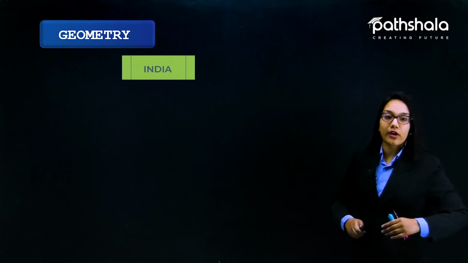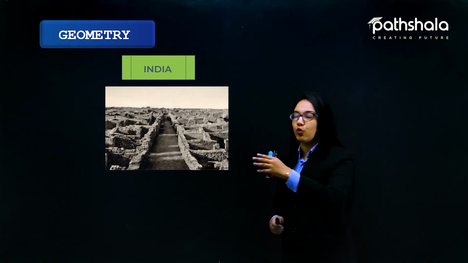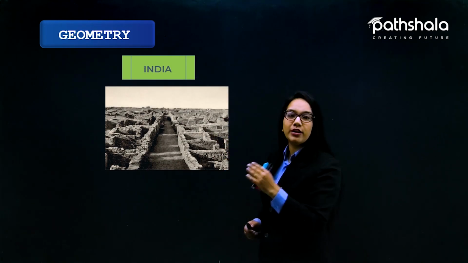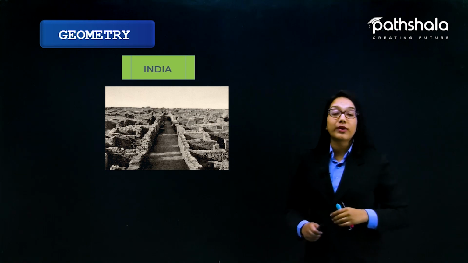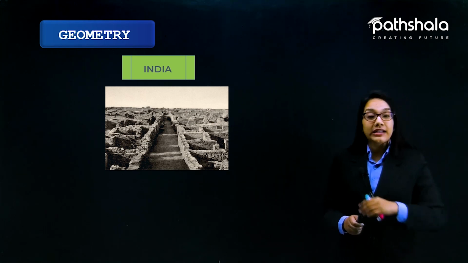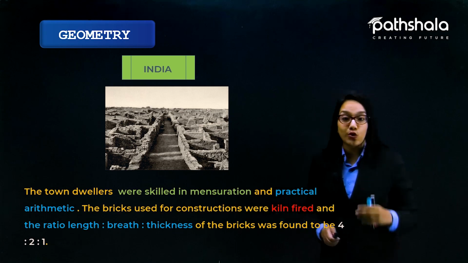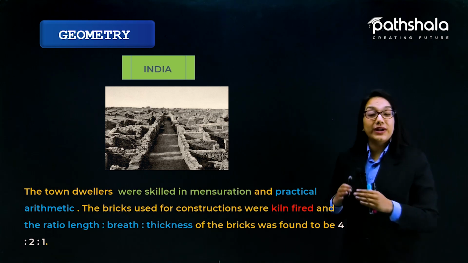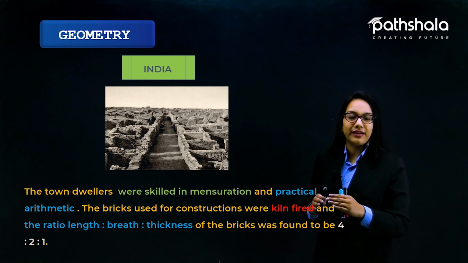For example, the roads were parallel to each other. All these things show that the town dwellers were skilled in mensuration and practical arithmetic.